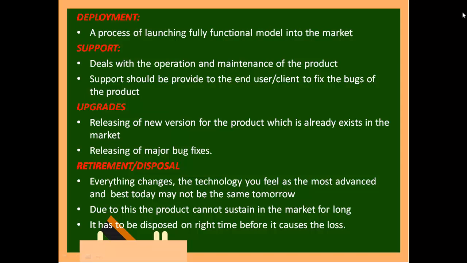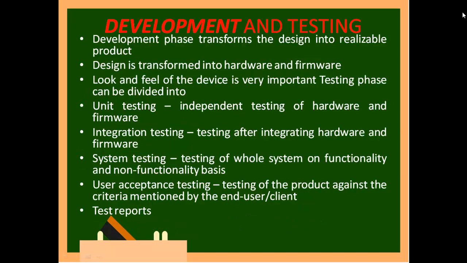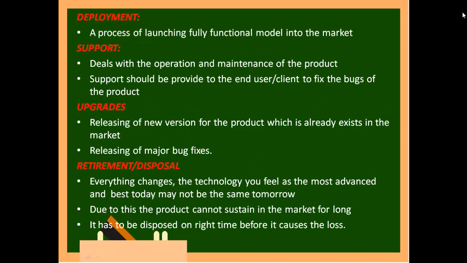Then comes deployment. Deployment is manufacturing in a lot, 1 lakh pieces. Once these 1 lakh pieces are done, if you have made any mistake in the development phase, this will be reflected in deployment, then total collapse. The 1 lakh pieces you have itself is a problem. You cannot throw them or even keep them.